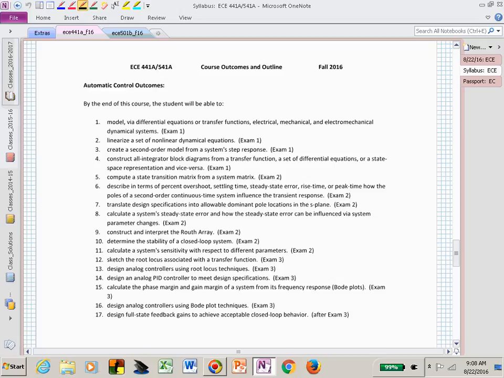The final will maybe be 15 problems, so maybe I'll not cover 2 of these, but if you can go inside and out, forward and backward with these 17 course outcomes or course objectives, you should be in good shape for the final exam. And you can see that I've identified which of these 17 are associated with the content relative to the 3 exams, and which one is for after the final.